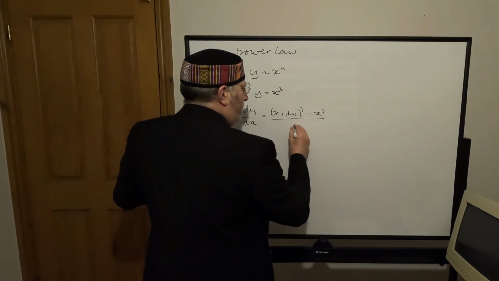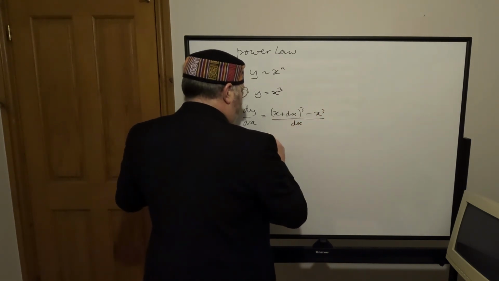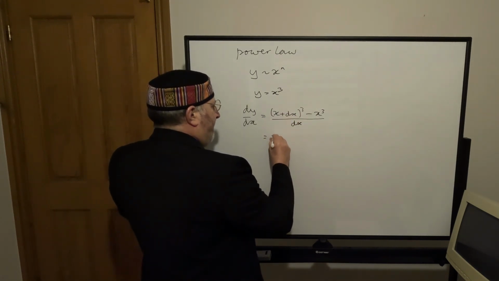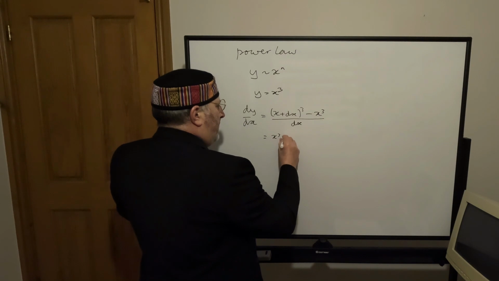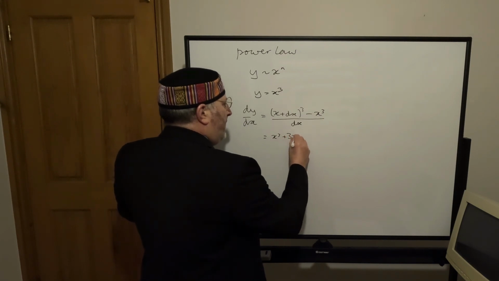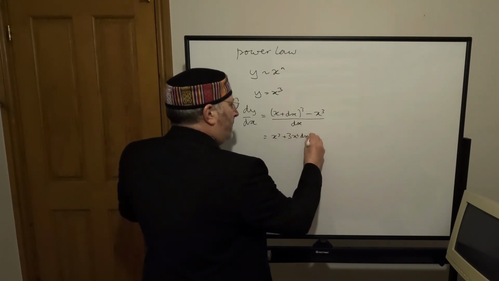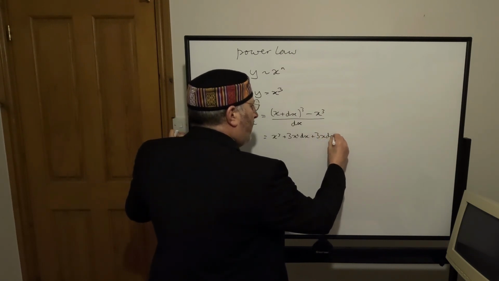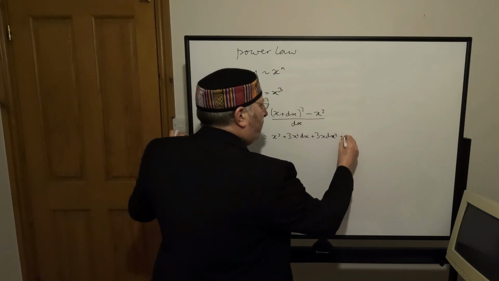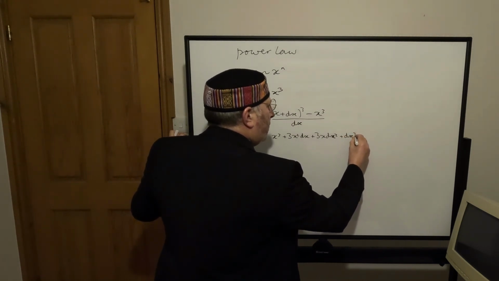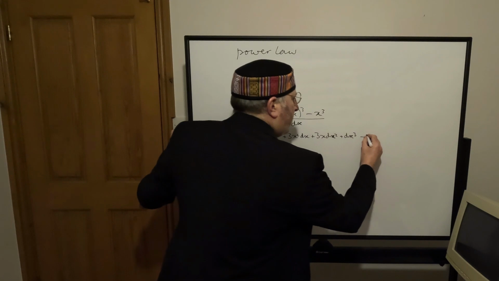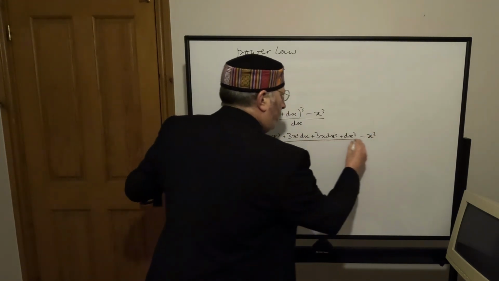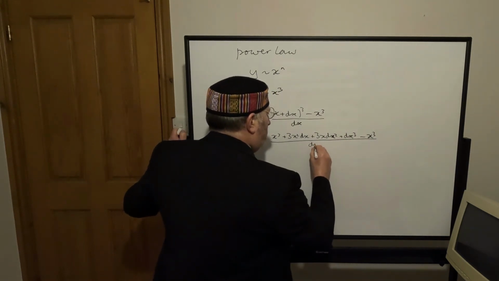And that's all over dx. Multiplying out this bracket, it's x cubed plus 3x squared dx plus 3x dx squared plus dx cubed, and then there's minus an x cubed at the end, and that's all over dx.